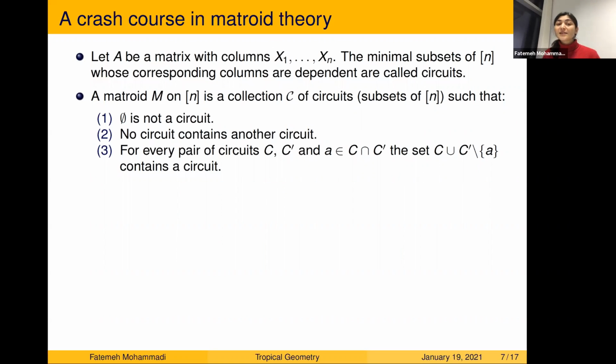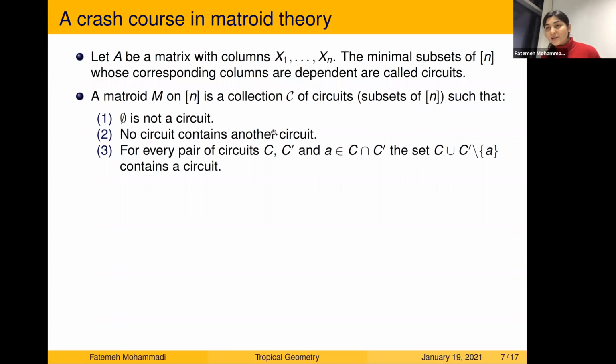And these circuits are taken as minimal dependencies, in the sense that no circuit contains another circuit. And the third condition is that for every pair of circuits C and C prime, if you take an element in the intersection, you can remove that element from the union of these circuits, and then this set should also contain a circuit.